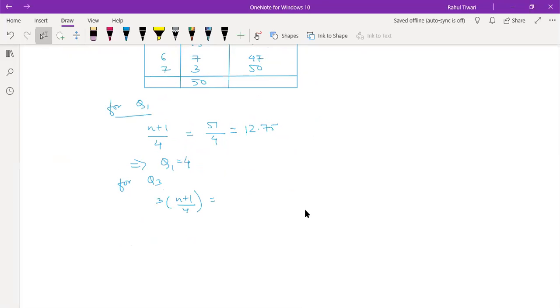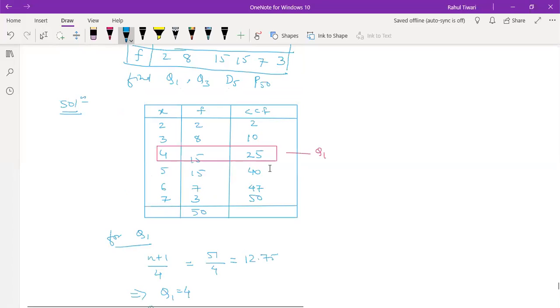Calculate this and tell me the answer. 38.25. So again, where is it occurring?